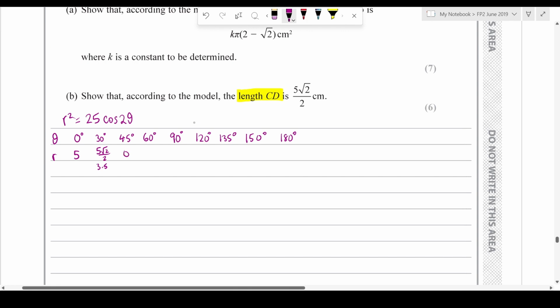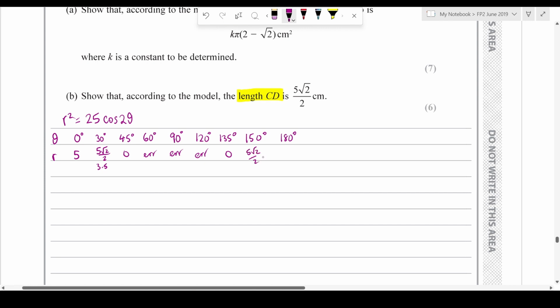60 degrees, I get an error. 90 degrees, also looking at an error. 120, error. 135 and 0. 150, getting 3.5, the 5 root 2 over 2 again.